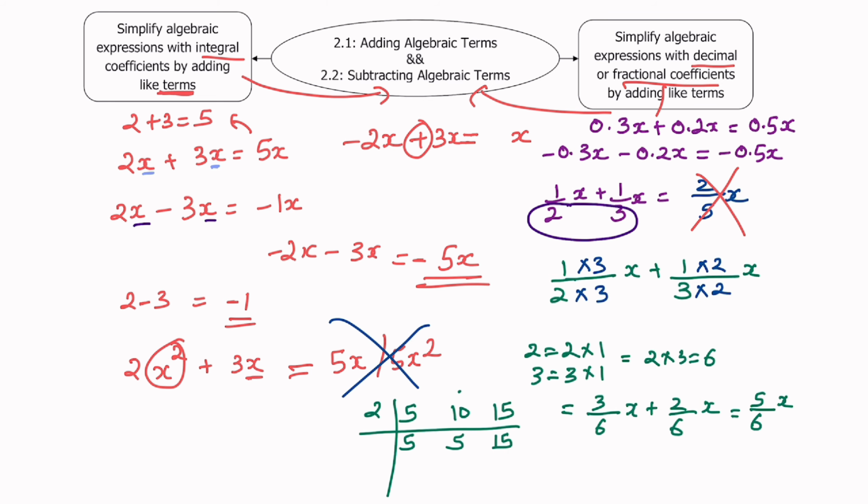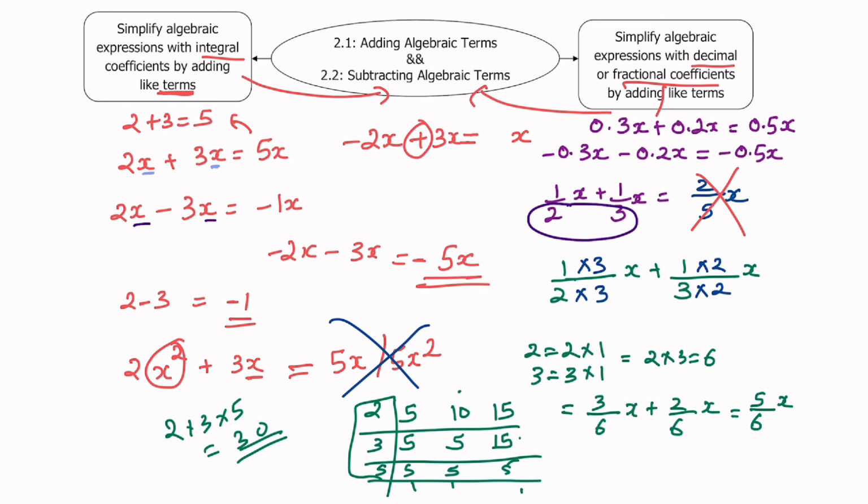So we write 15 as it is. Then the next prime number is 3. It will go into 15. So we do with 3. This 2 will remain as it is, and here we will have 5. And then you do with 5, 1, 1, 1. So until you reach 1, 1, 1, you keep doing, and this part you multiply. So it's 2 times 3 times 5, which is 30. So the LCM is 30.